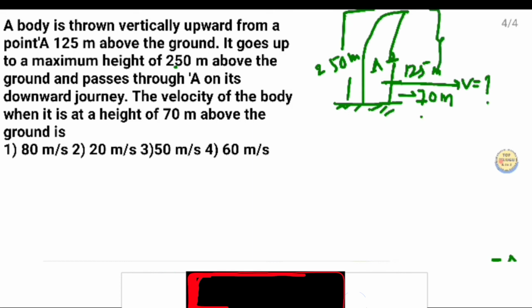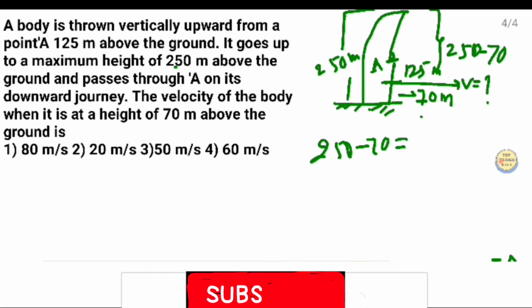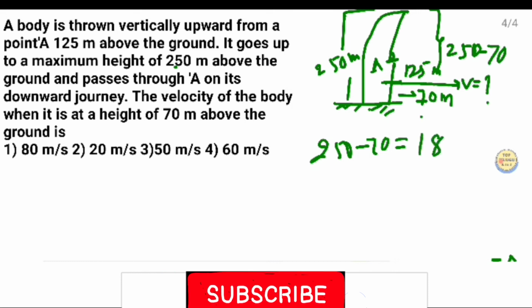The remaining distance is 250 minus 70, that is equal to 180. Okay, so it moves downward, which means the free fall velocity formula: v is equal to under root of 2gh.